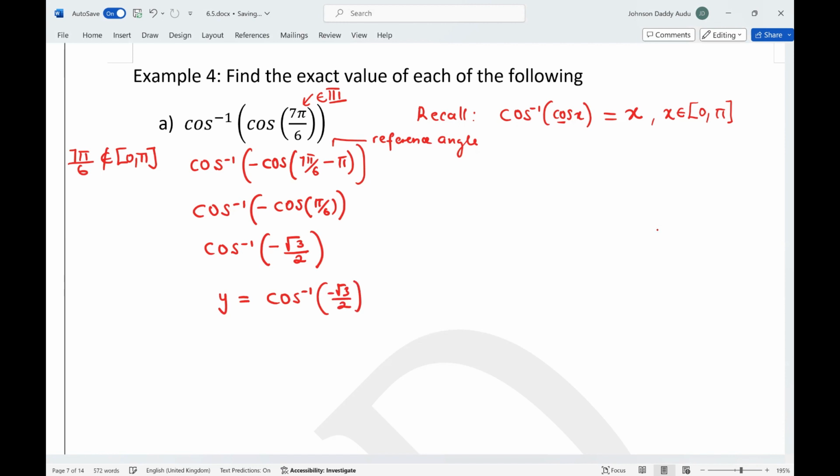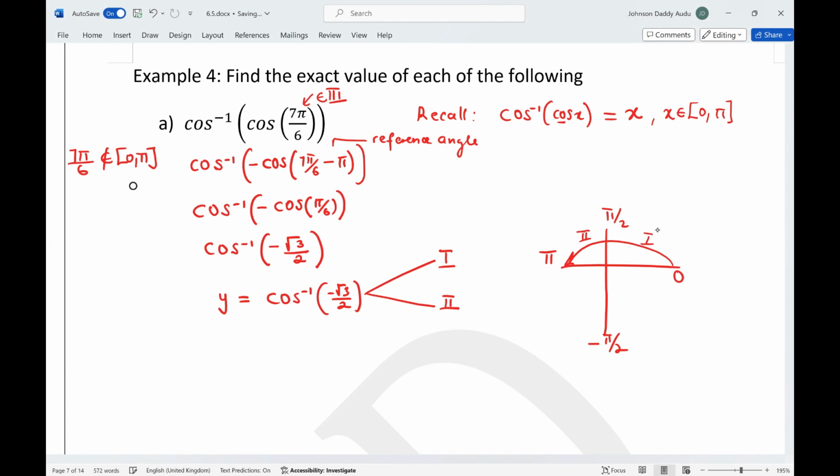Since it is cosine inverse, y is going to be in either the first or the second quadrant. Remember, the range of cosine inverse is 0 to pi. This is 0, this is pi over 2, this is pi, and this is minus pi over 2. Since the range of cosine inverse is from 0 to pi, we could be in the first or in the second quadrant.